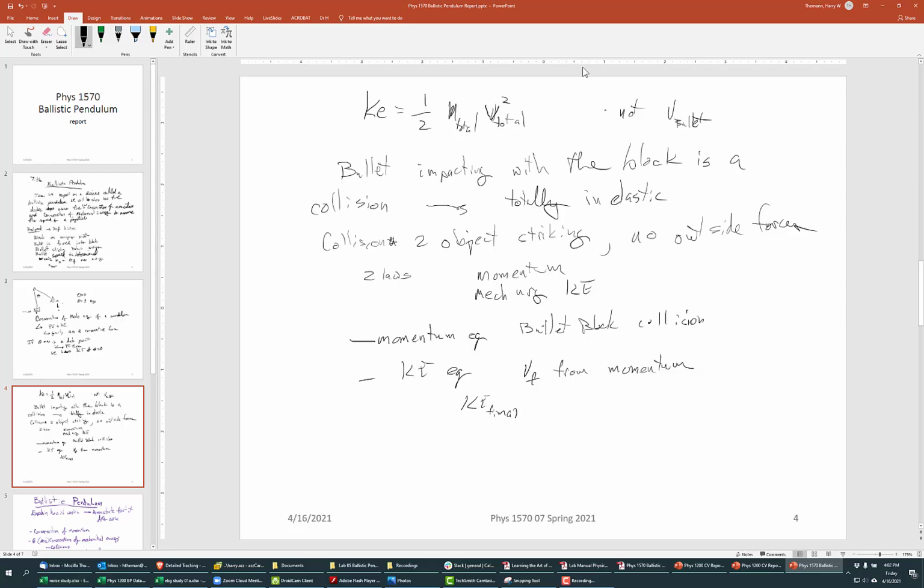So now you say, look, using all these principles, we can solve for the speed of the bullet, V bullet. And so you say, okay, the KE final of the collision equals the KE initial of the pendulum.